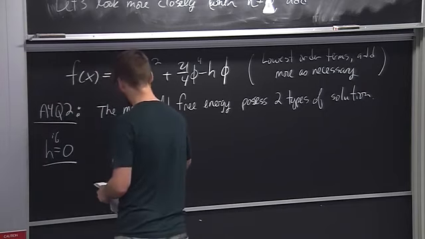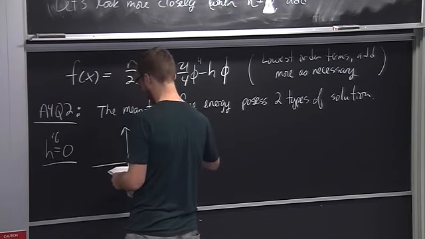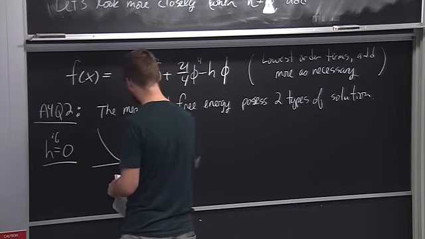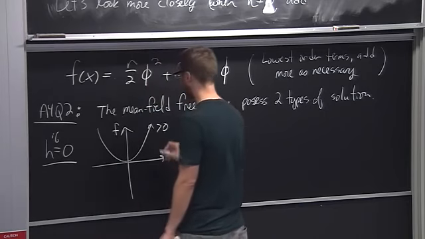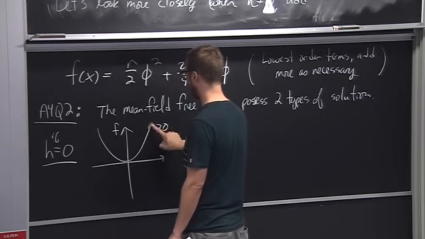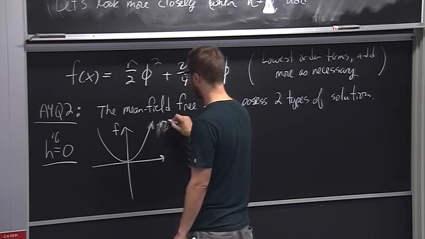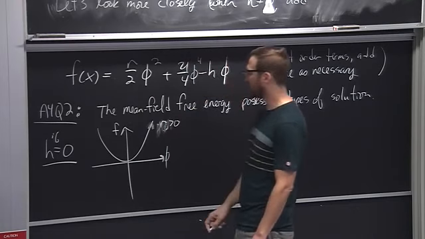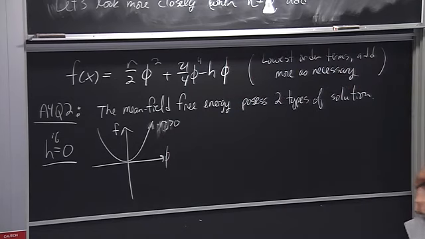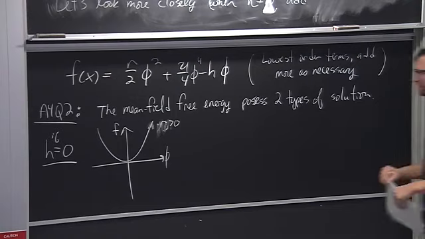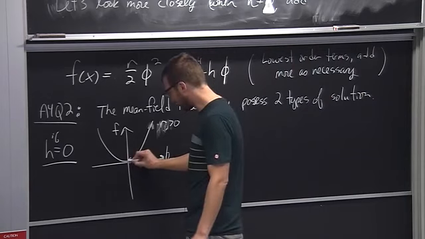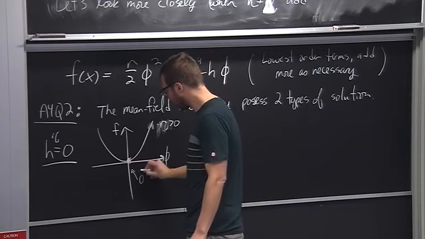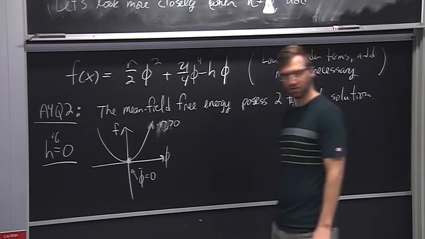So for R positive, as a function of phi, the free energy functional just looks like a warped parabola. It's like a phi squared plus a phi 4 term, right? So the vacuum expectation value is just at 0.